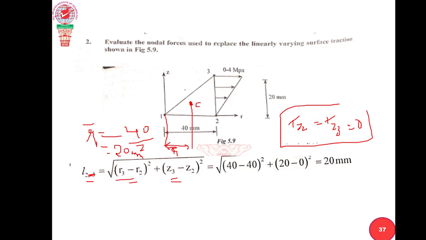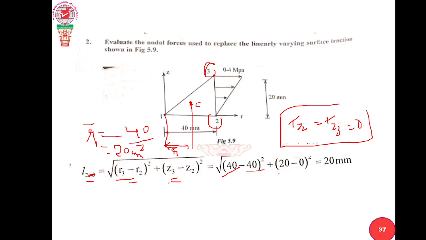Don't get confused. R3 is 40, R2 is 40, Z3 how much? 20.